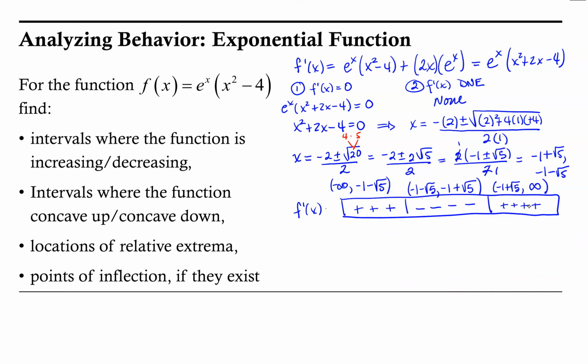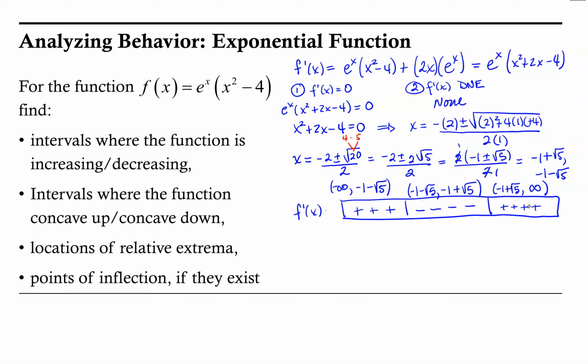So looking for increasing and decreasing behavior, a function is increasing where the derivative is positive. So the function is increasing on this first interval, decreasing where the derivative is negative in the second interval, and increasing again in the third interval.